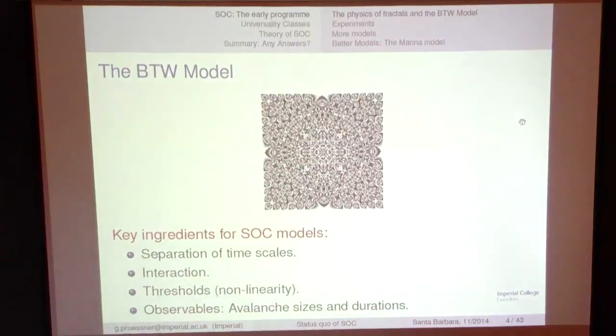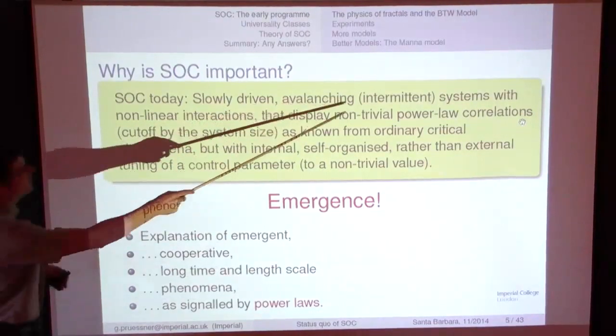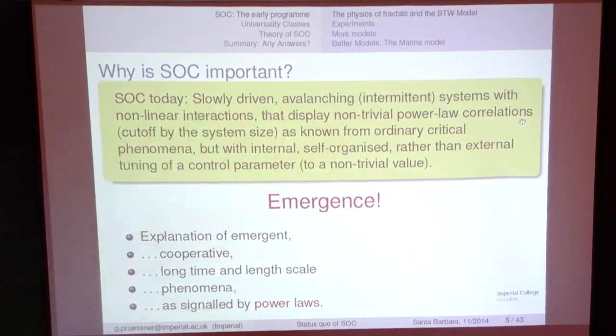Okay, now today, self-organized criticality is maybe defined, at least as I would define SOC today, with stronger reference to condensed matter. So I would call it a slowly driven avalanching or intermittent system, and that touches on Henrik Jensen's definition.